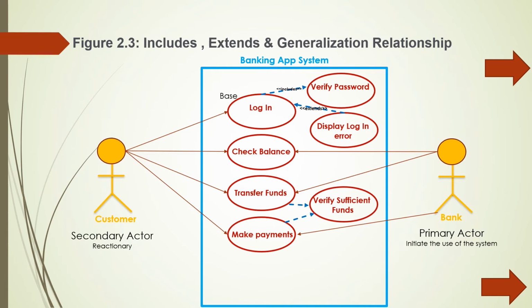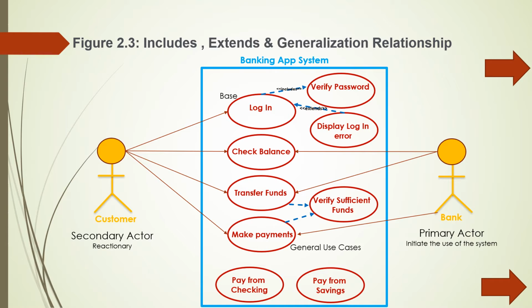The last type of relationship is generalization, also known as inheritance. When you make a payment from a banking app, you can do so from either your checking account or your savings account. In this scenario, make a payment is a general use case, and pay from savings and pay from checking are specialized use cases.